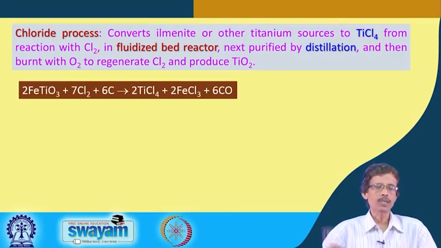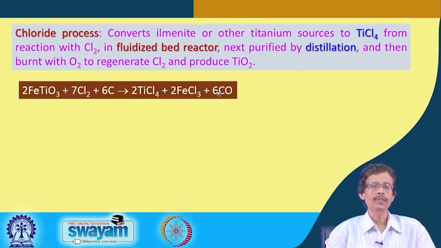But in this particular case, the chlorine is your oxidizing part, and it oxidizes both titanium and iron. Titanium, already in the tetravalent state, will be converted to the tetravalent titanium chloride salt, your iron is in the ferric chloride form, and you get some amount of carbon as carbon monoxide, because you are getting back some of this oxygen from your corresponding FeTiO3.